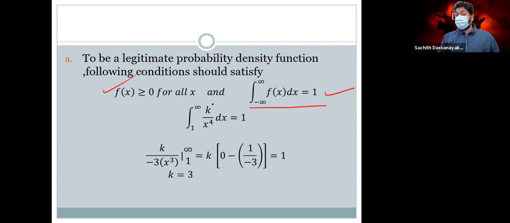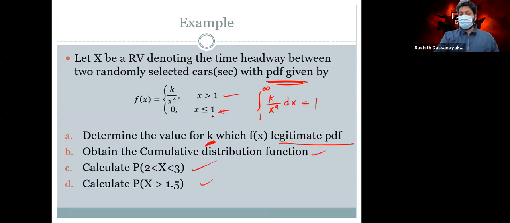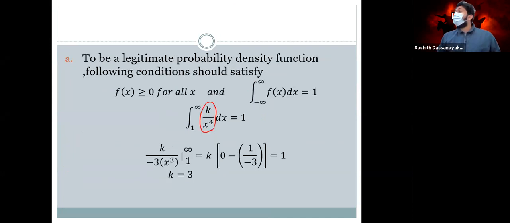This is your PDF, dx. So you can simply integrate it.